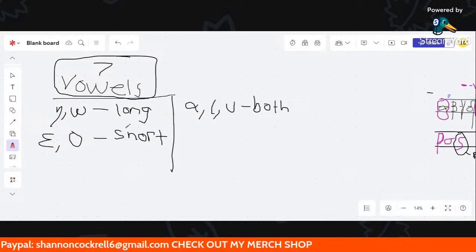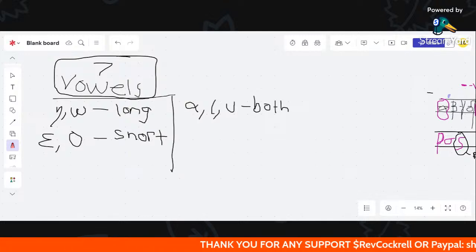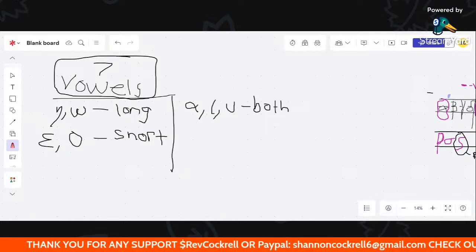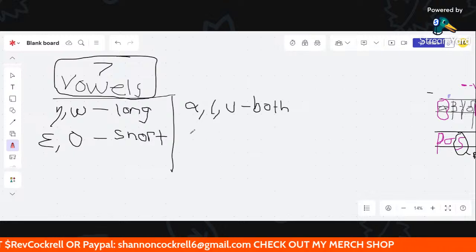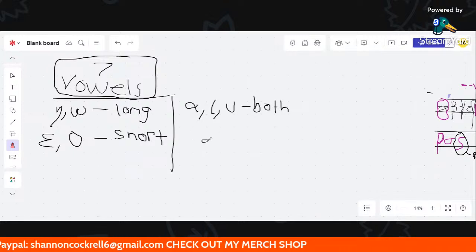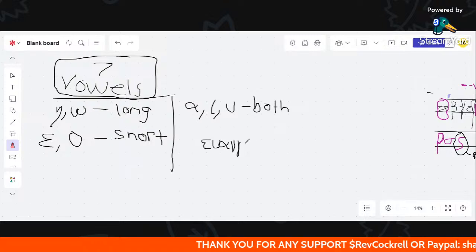So a short vowel becomes long by position when it's followed by 2 or more consonants, or by a double consonant. So let's look at, for example, the Greek word for gospel, euangelia or euangeliou.